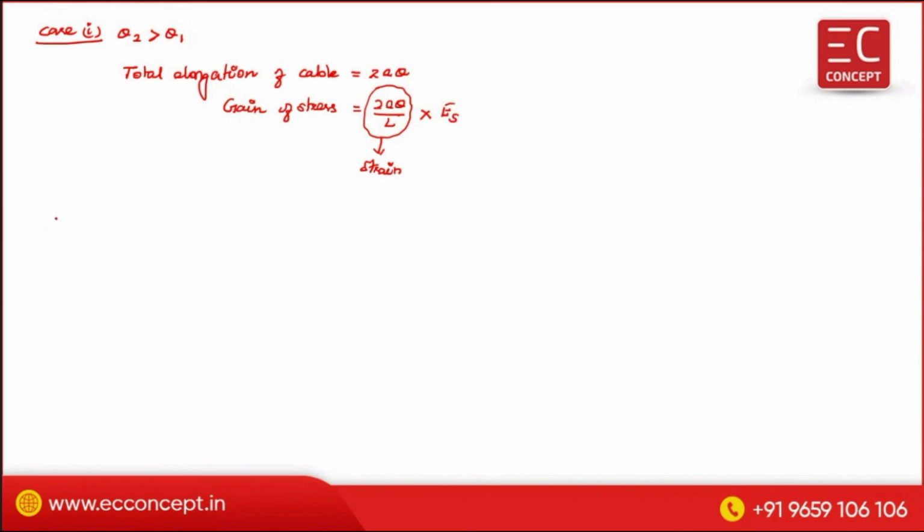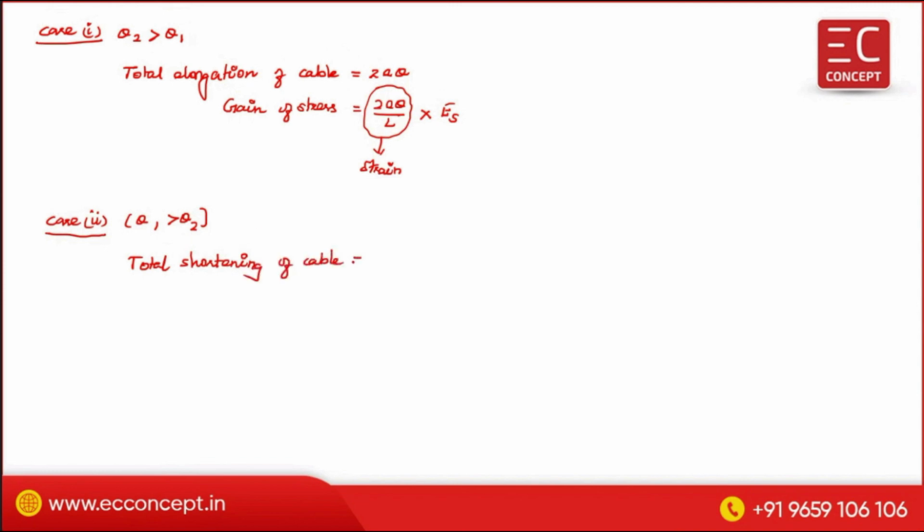Now, case number 2, that is theta 1 is greater than theta 2, which is equal to total shortening of cable.